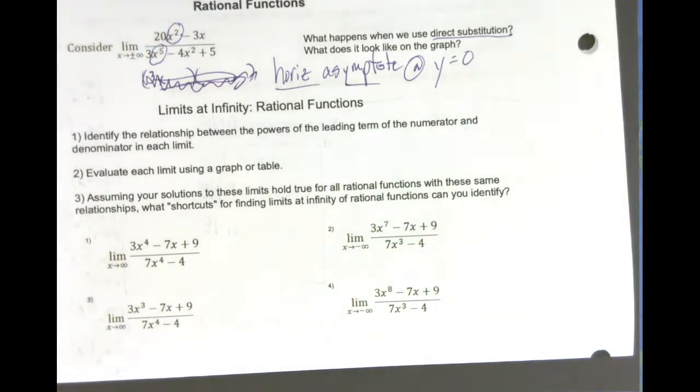That will happen for very small values of x, but not for very large values of x. So you would have to investigate the details of that function for the limit as x approaches 2 or the limit as x approaches 5 or whatever, but not for infinity. This is going to approach 0 way out there and way out there.